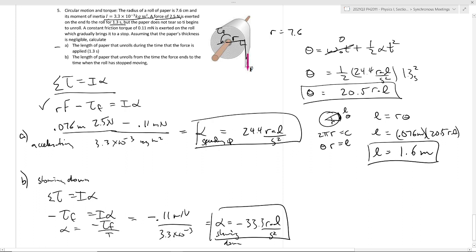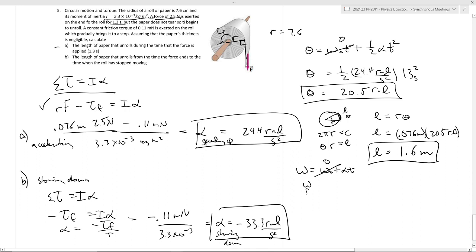Notice it's negative. Now it's kind of the same thing, except an extra wrinkle is that this would be slowing down from an initial omega naught. So we need to know what that omega naught is, i.e. we need to know how fast it was going once we stopped accelerating it. We can get that from our other kinematics expression, where it originally started from rest.